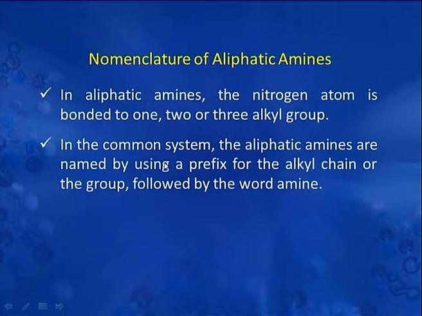We will now discuss the nomenclature of aliphatic amines. In aliphatic amines, the nitrogen atom is bonded to 1, 2 or 3 alkyl groups, and in the common system of nomenclature, the aliphatic amines are named by using a prefix for the alkyl chain or group followed by the word amine.